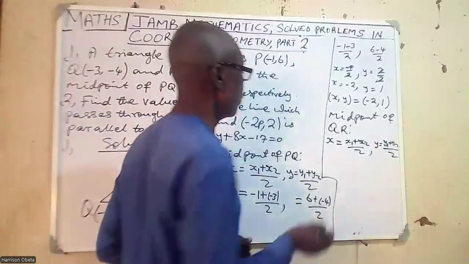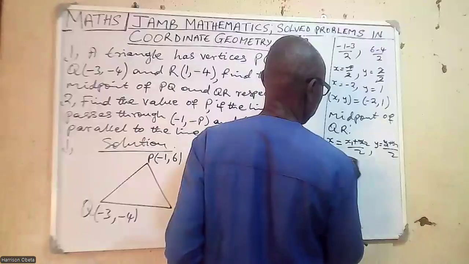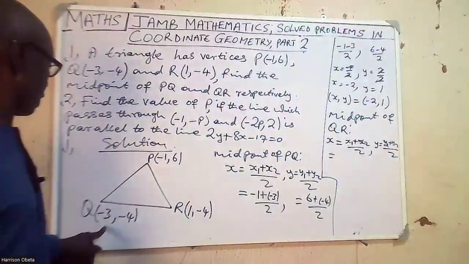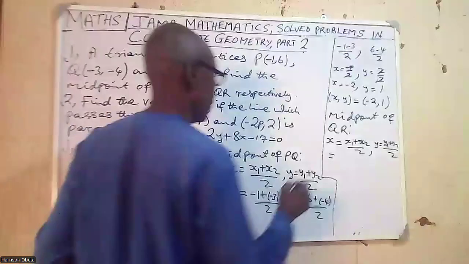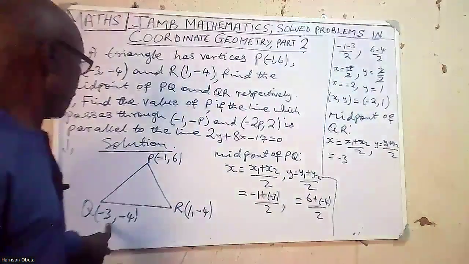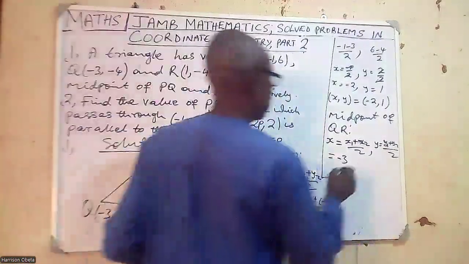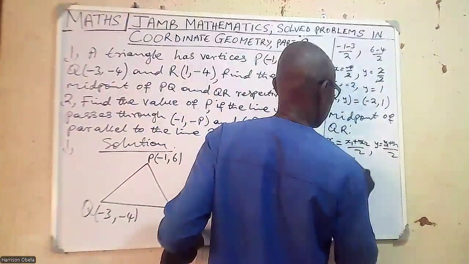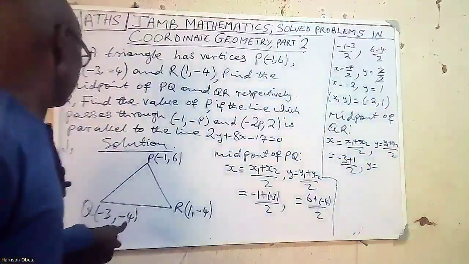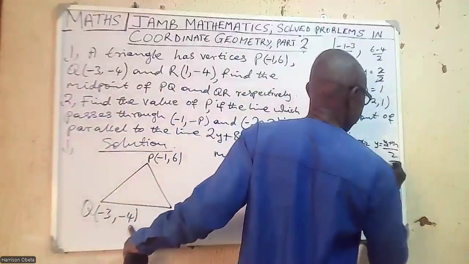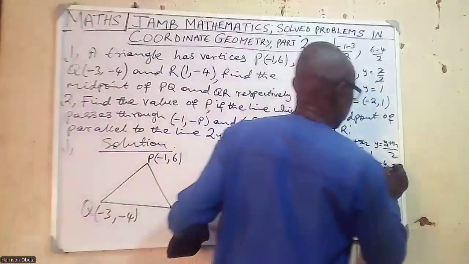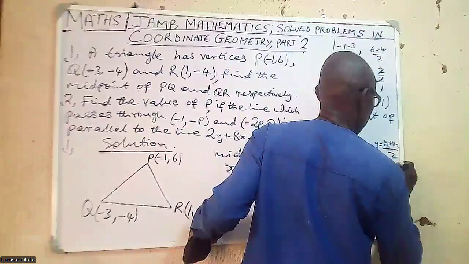From QR, our x1 should be -3, our x2 should be 1, all over 2, while y1 is -4 and y2 is also -4, all over 2.